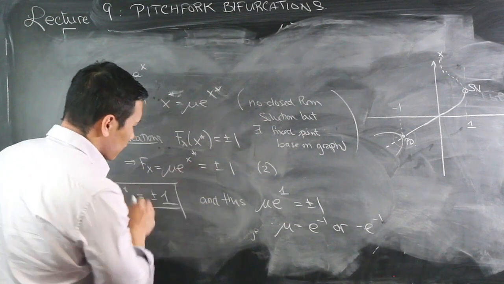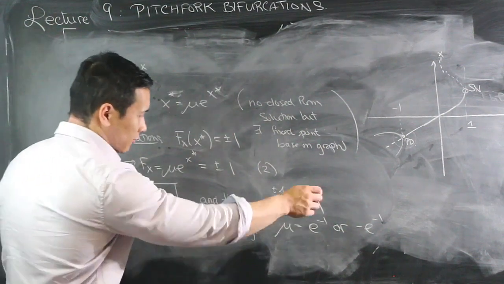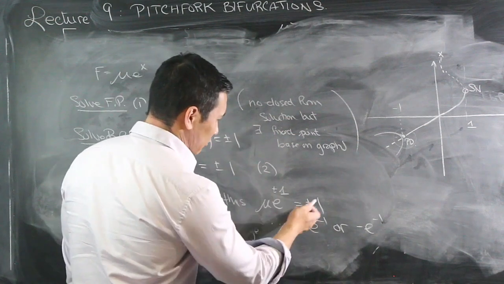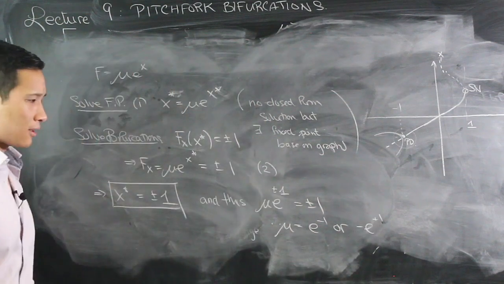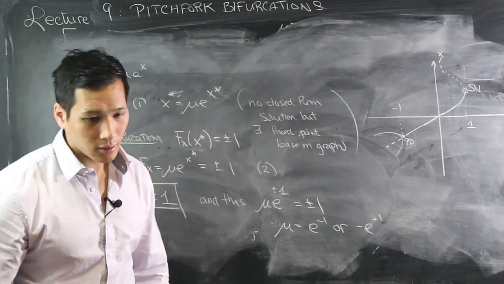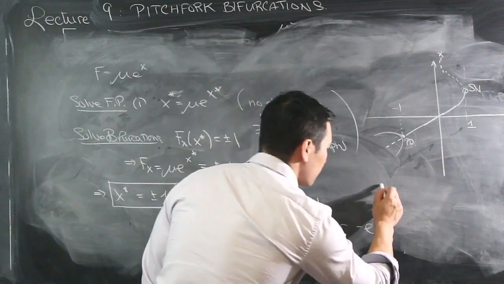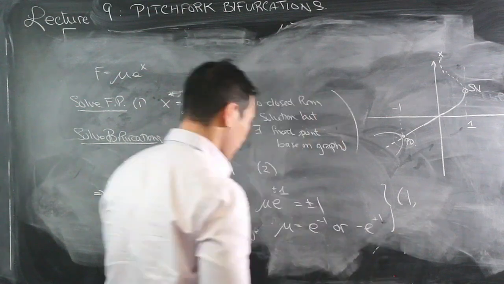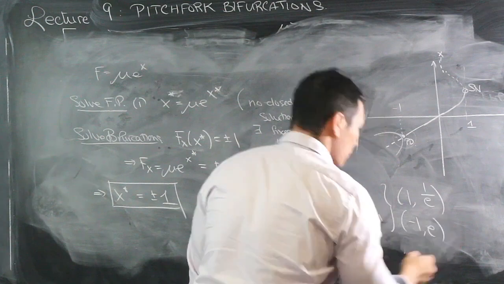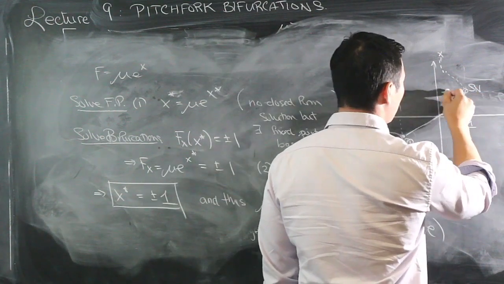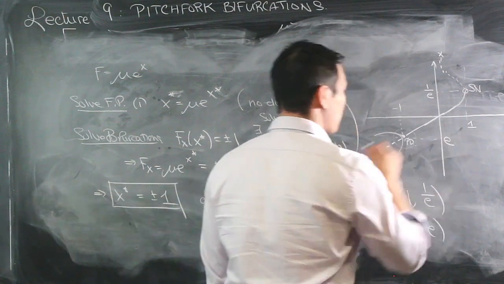When I put in the plus or minus 1 here, I moved it over to the other side. If I have a plus 1, I have a plus 1 e to the minus 1, but this should be minus 1 e to the 1 instead. So this intersection here, let me just conclude: I've got either 1 and then e to the minus 1, that's 1 over e, or I've got minus 1 and e. So this point should be 1 over e, and this point here should be e. See, there you go.